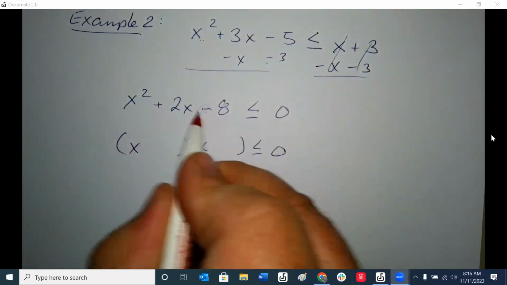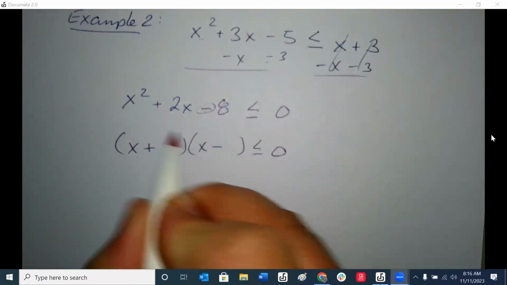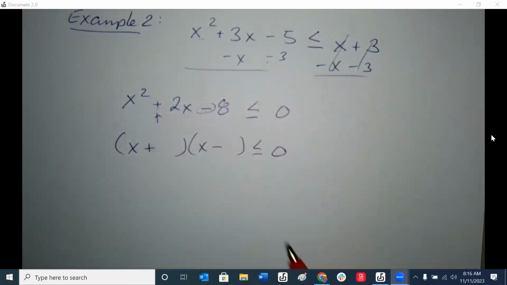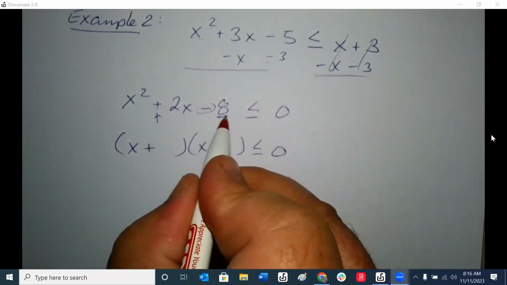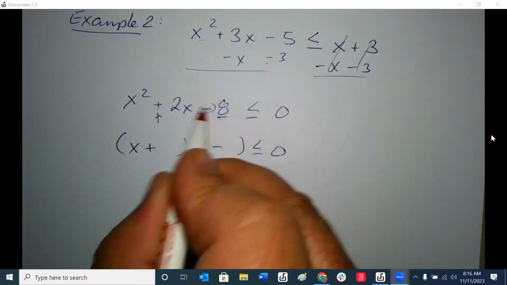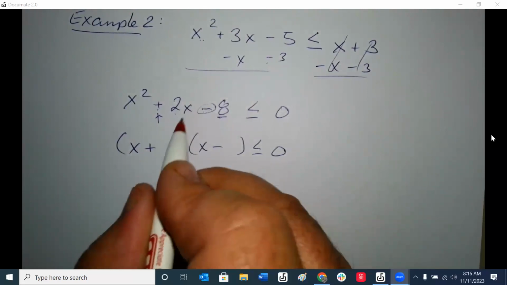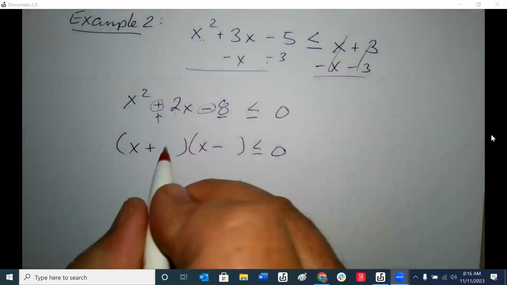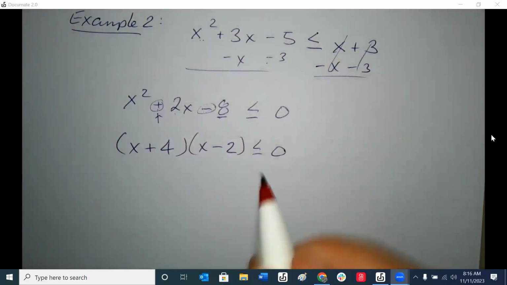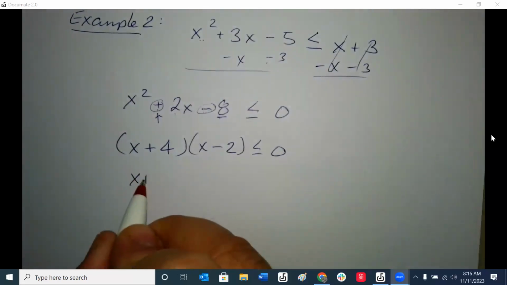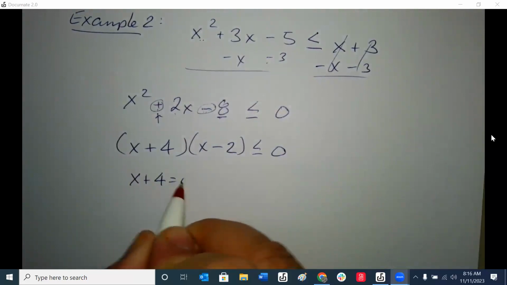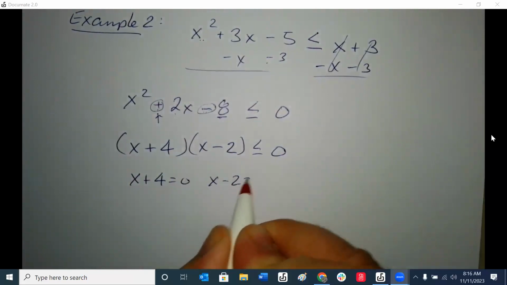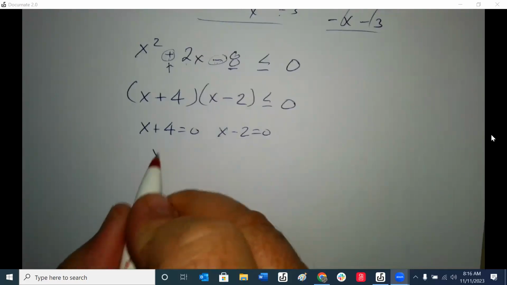x and x, opposite signs, bigger number positive. What two numbers multiplied give you 8 and when you subtract them, you get 2? 4 times 2 is 8, 4 minus 2, and the bigger number is positive. Set them equal to 0.